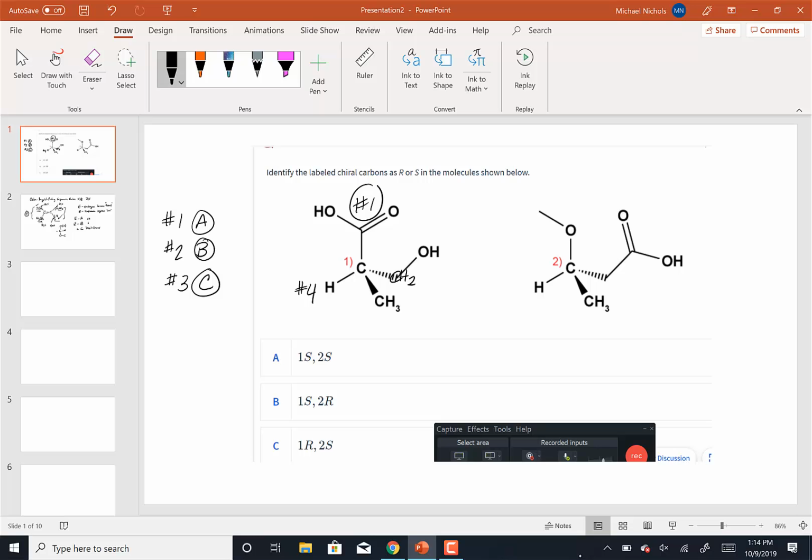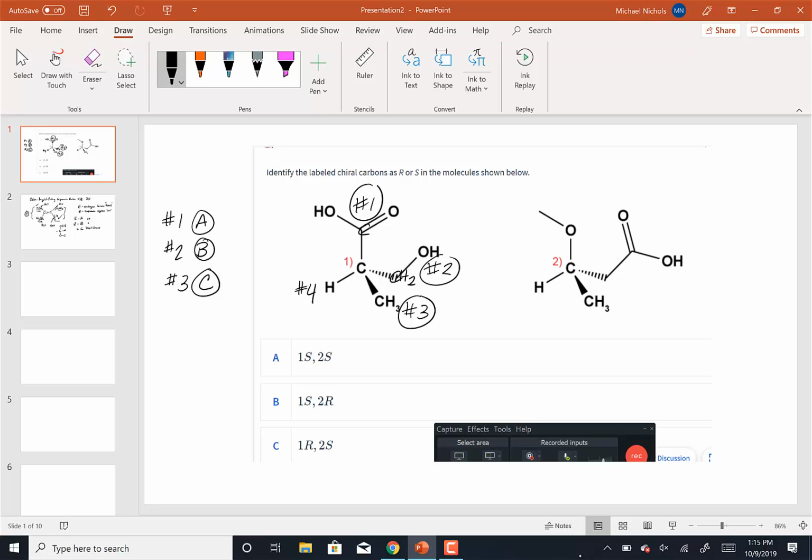I've got 30 number 2s. I guess that's going to leave the CH3 as number 3. Okay. So majority is right in each case.